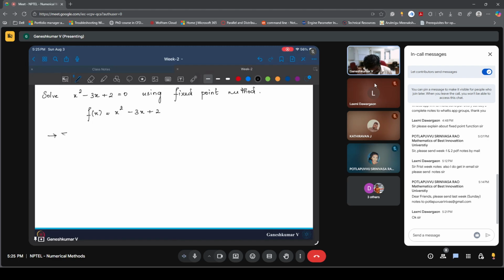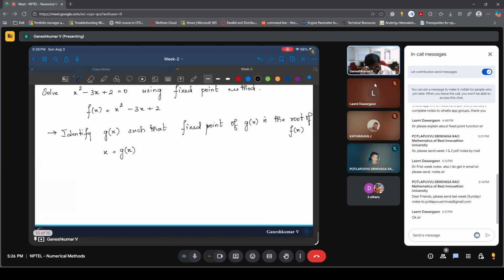We identify a function g of x such that the fixed point of g of x is the root of f of x. So what is a fixed point? A fixed point is x equal to g of x. So whenever the function value and the x value coincide, then that becomes the fixed point. Okay, x equal to g of x is the fixed point.